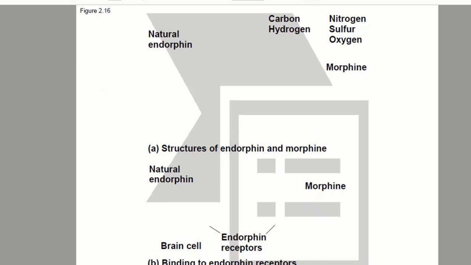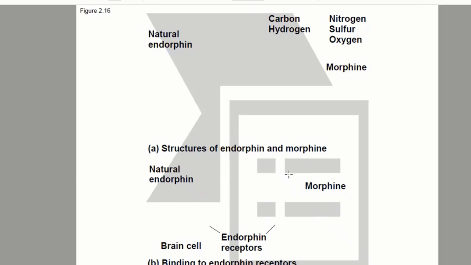So here are the receptors, where you can find the natural endorphin, with carbon, hydrogen, nitrogen, sulfur, oxygen, and morphine. You can see the structure of the endorphin and the morphine compared to each other, and the endorphin receptors.